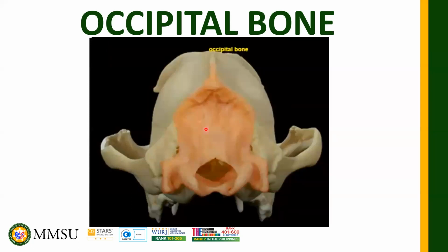So for this one also, for the occipital bone, is for the attachment for the muscle. So it usually serves as an attachment site for several muscles natin. And ito yung mga muscles that are very responsible for moving the head, okay?